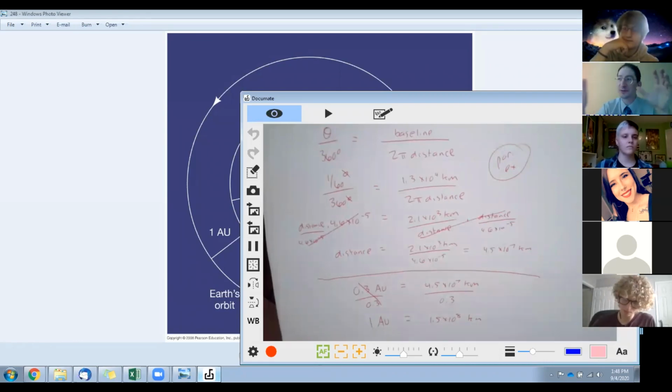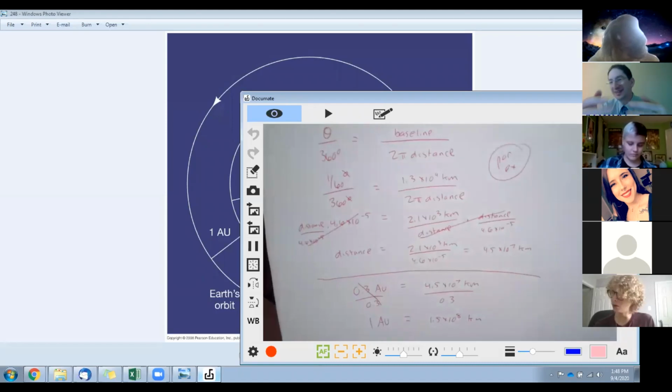You're on opposite sides of Earth's orbit. What's the baseline between those two observations? 2 AU. Yep. If it's a stellar parallax question, I'm not going to give you the baseline because it is 2 AU, the diameter of Earth's orbit. That one you should know. The diameter of Earth, just some number, I'll give it to you.